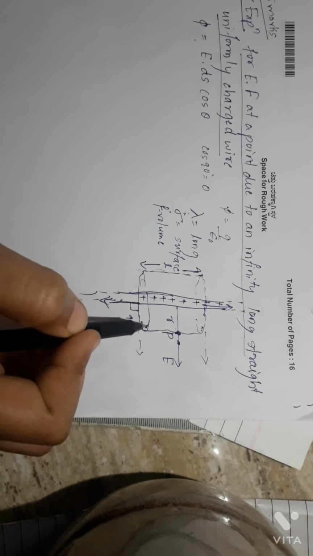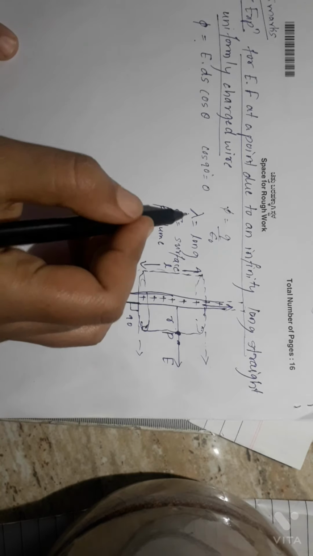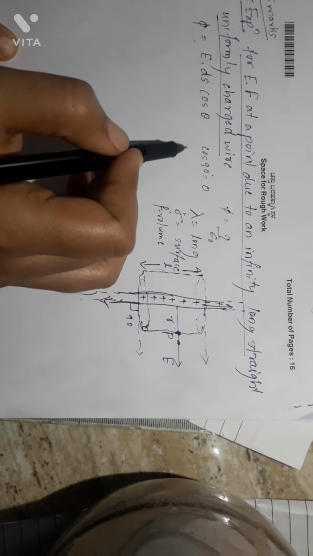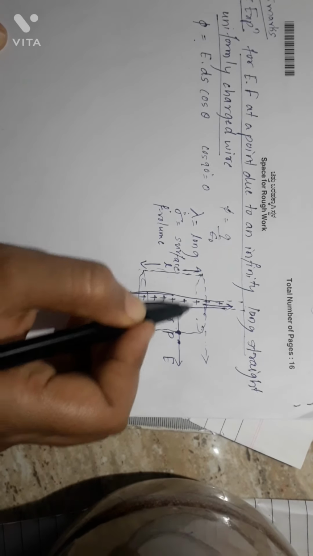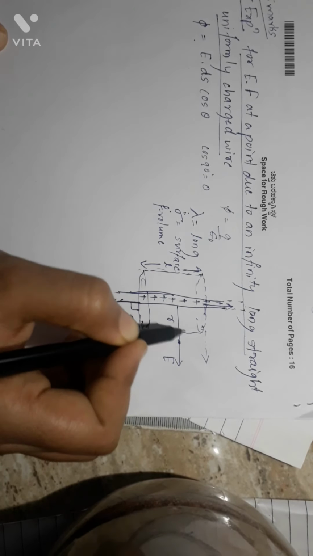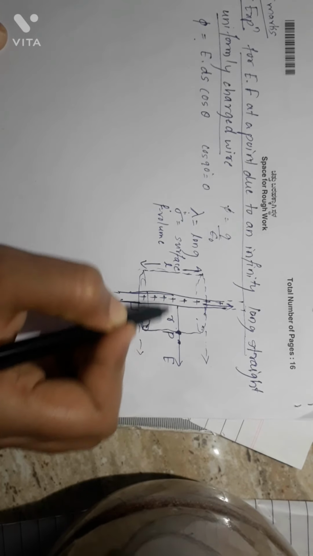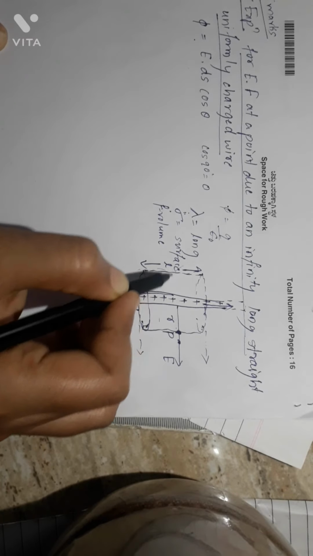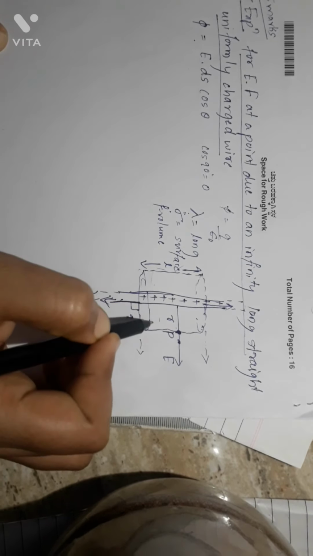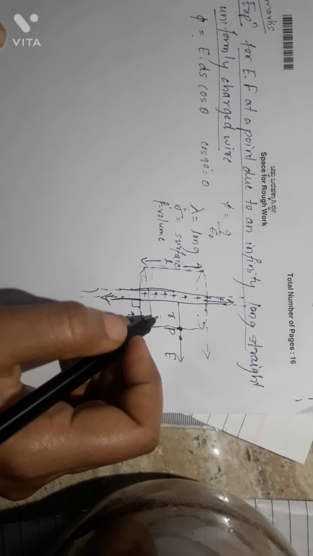Hence the flux through the two circular cross sections of the cylinder is 0. Now we have to find the electric flux due to the curved surface of the cylinder. Leaving these two surfaces, only the curved surface remains.